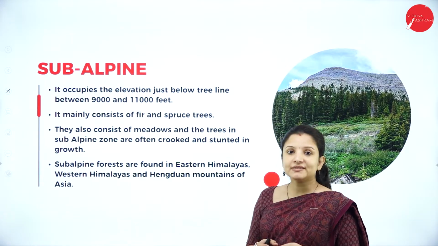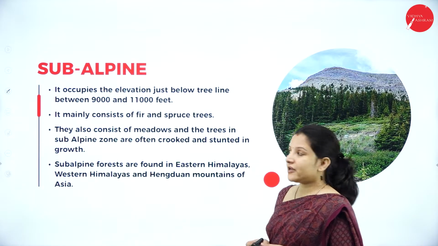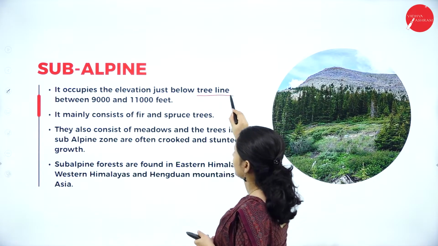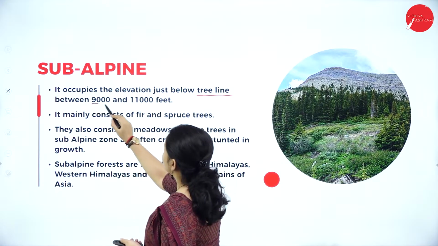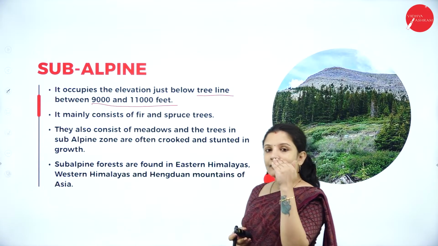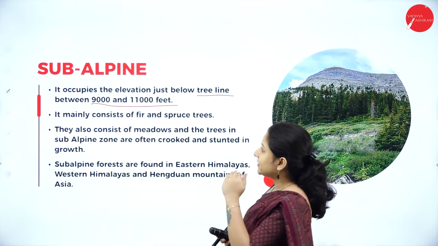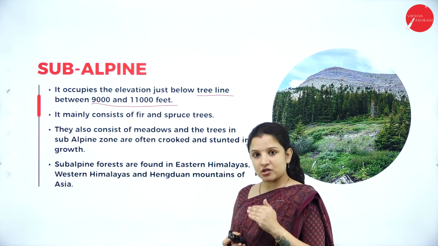Next, talking about the subalpine. So subalpine occupies the elevation just below the tree line, between 9000 to 11,000 feet. So above the mountain, that is somewhere 9000 to 11,000 feet, up till that the subalpine vegetation occurs.